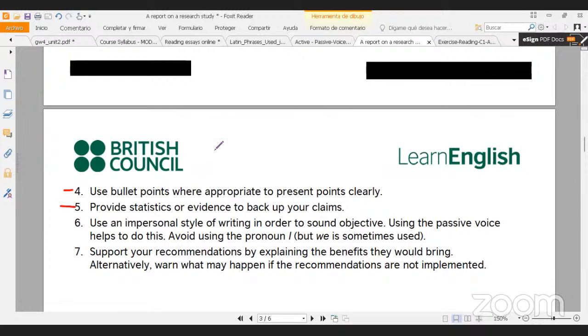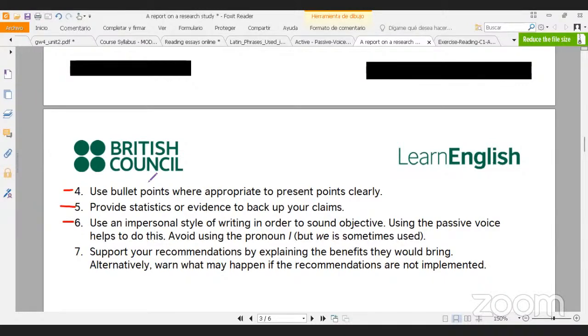Audrey? Provide statistics or evidence to back up your claims. Camila? Use an impersonal style of writing in order to sound objective. Using the passive voice helps to do this.